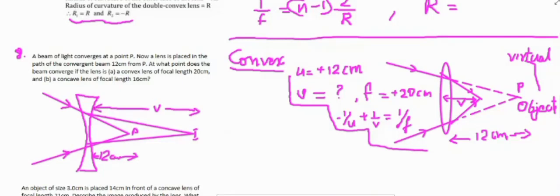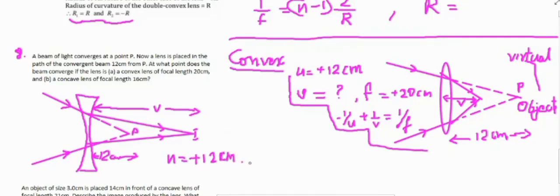Because of the presence of the diverging lens, the final image will be formed at I, and that image distance you are asked to calculate. So again you take u is equal to plus 12 centimeter. Then f is given, v you can calculate.